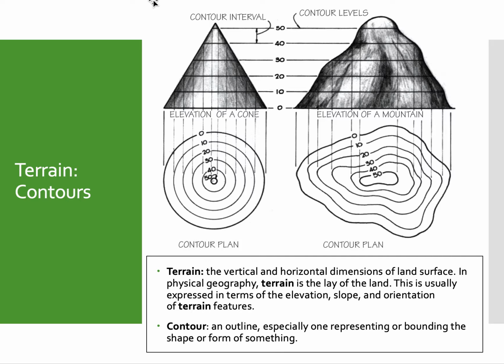I have a piece of paper up here at the top, and I'm going to slowly move the cone through it. And I'm going to stop at elevation 50, and I'm going to capture that, and it's going to look like this. And then I'm going to move it up to 40, and it's going to look like this. So this is taking a three-dimensional object and moving it through a two-dimensional plane, and at those specific increments, marking the shape that comes through the paper.